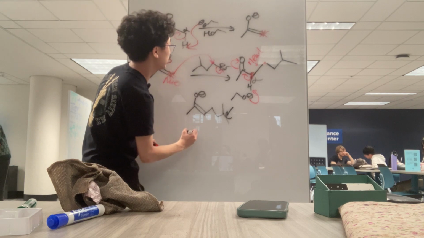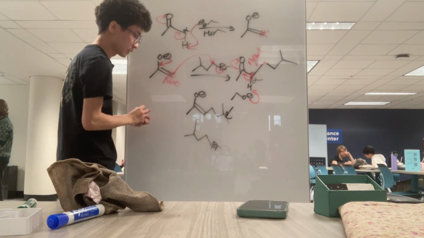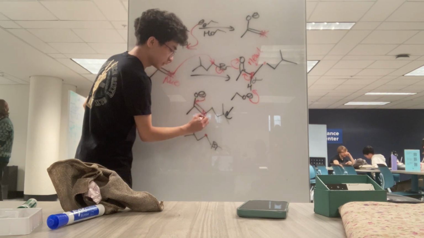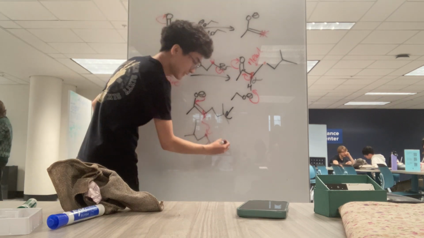And if we have excess haloalkane as well, we're going to get over-alkylation, where this is the starred carbon, this is the dot carbon, reform carbonyl, star attacks dot, kick out the leaving group, and that's going to add the R group the second time.